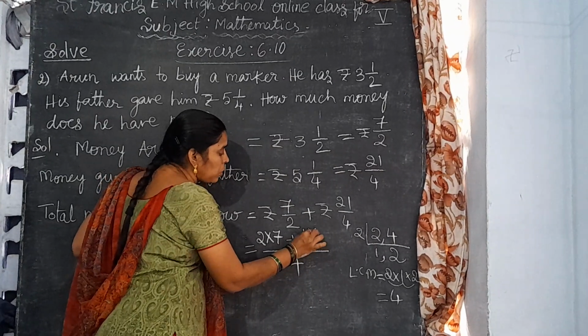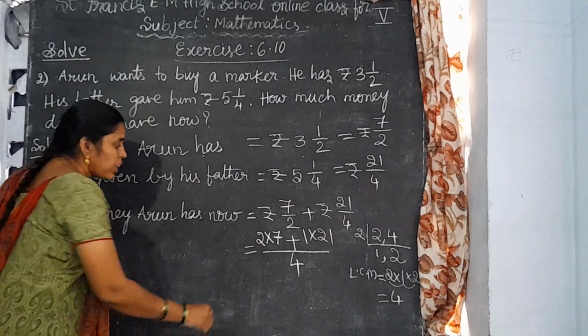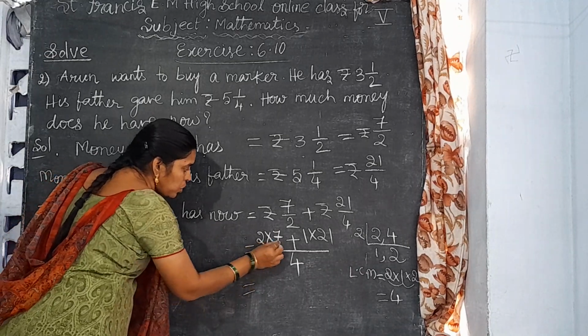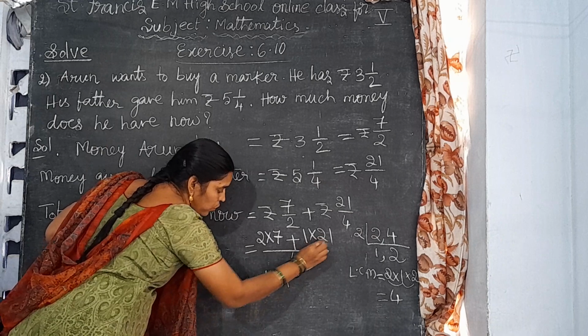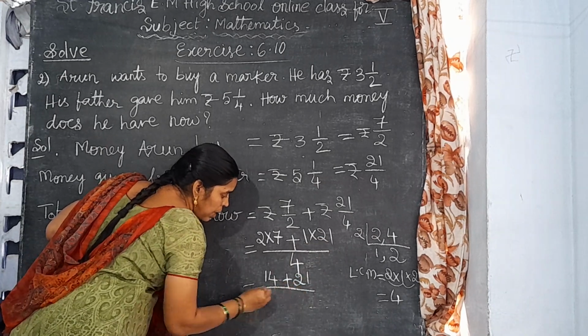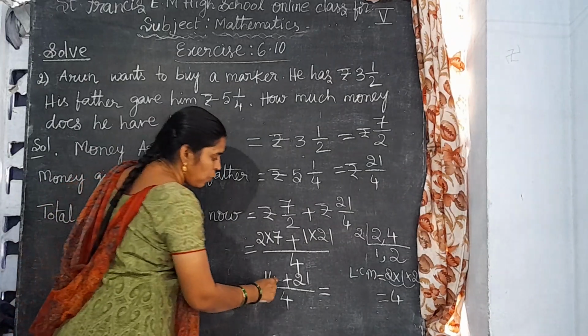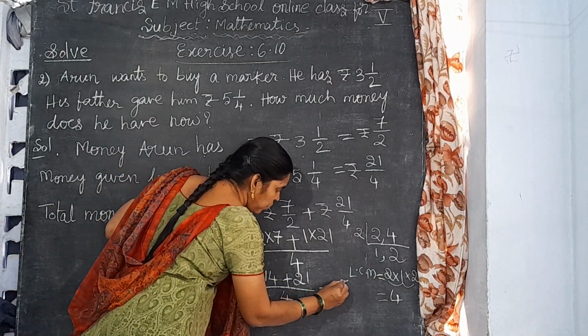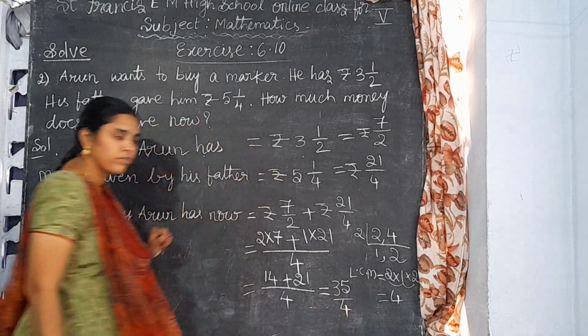That 1 into that numerator, 21. Okay. Now 2 7s are 14, plus 1 21s are 21, by 4. That is equal to 4 plus 1 is 5, 1 plus 2 is 3, 35 by 4.